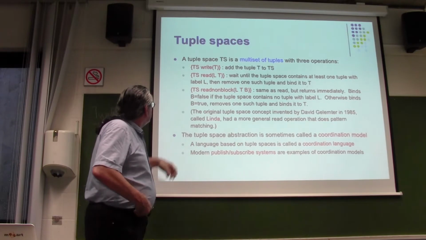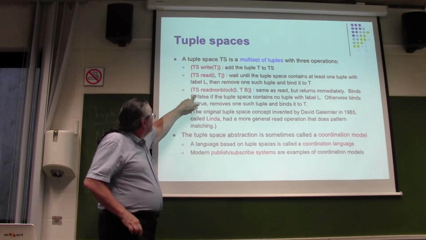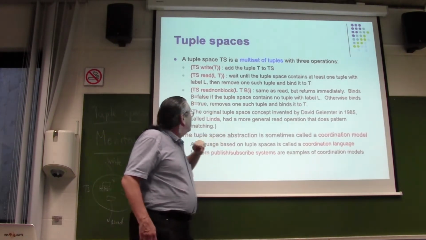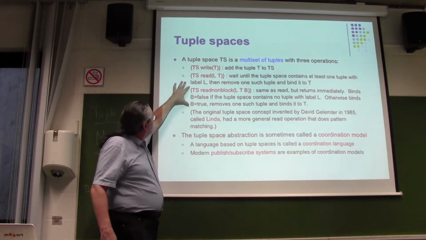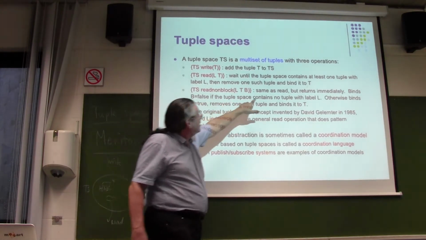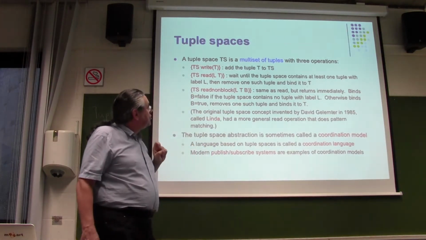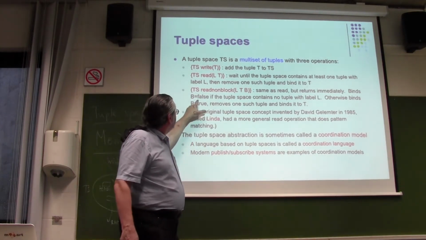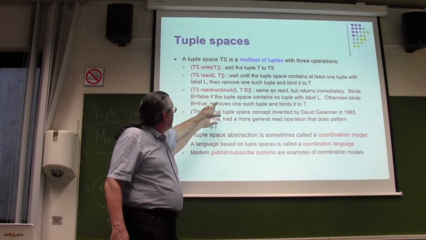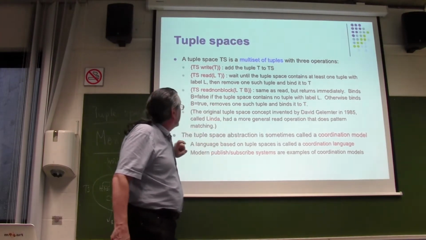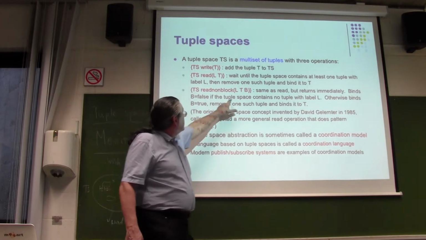Okay? And there's a variation of read, which is the non-blocking read. This one is if you don't want to wait. It returns immediately, and it has a third argument, B, which is a Boolean, and B is false if the tuple space has no tuple with label L, otherwise it binds B equal to true.